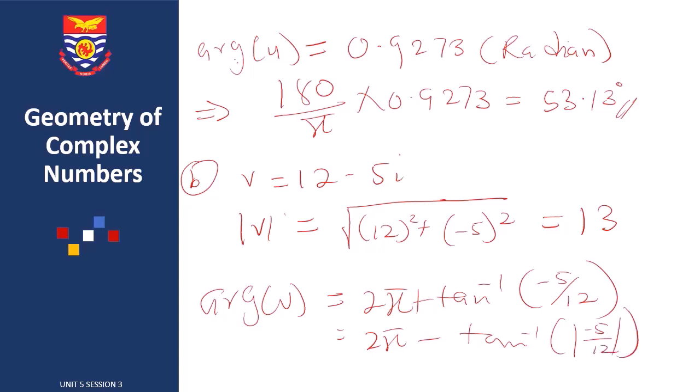By doing that, approximately you get 5.8909. If you want the answer in degrees, you multiply by 180 on pi. This one is in radians.